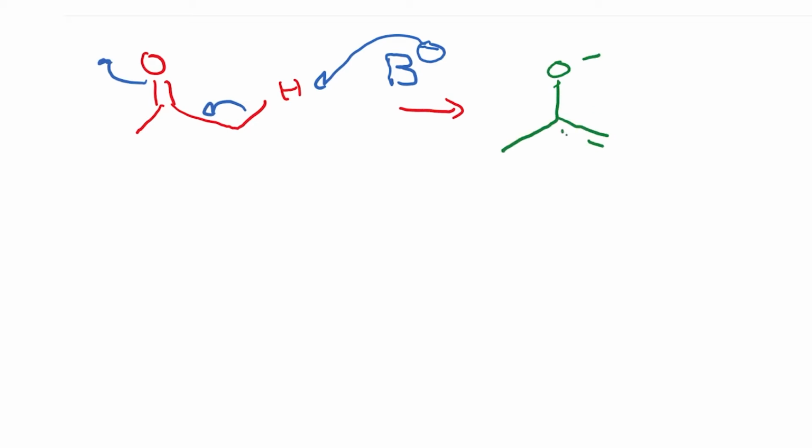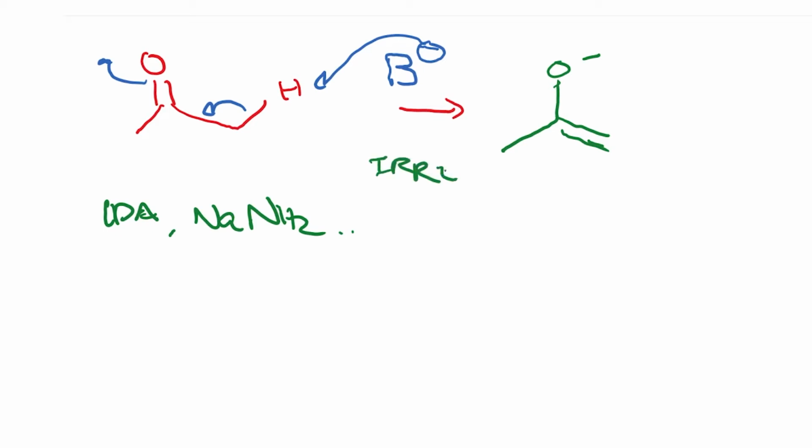Now, one important point here is that when we add a strong base such as LDA, NaNH2, and so on, there are quite strong bases that one could use, like butyl lithiums, and these actually make this an irreversible process.